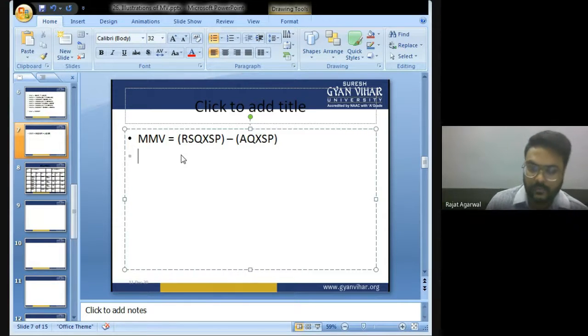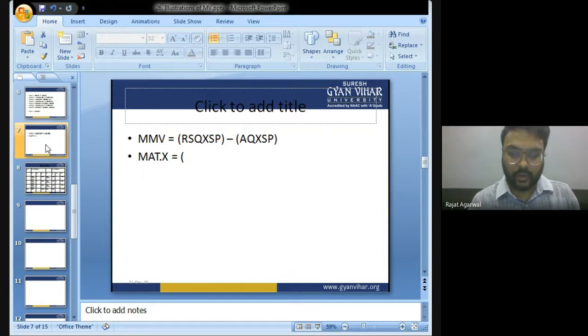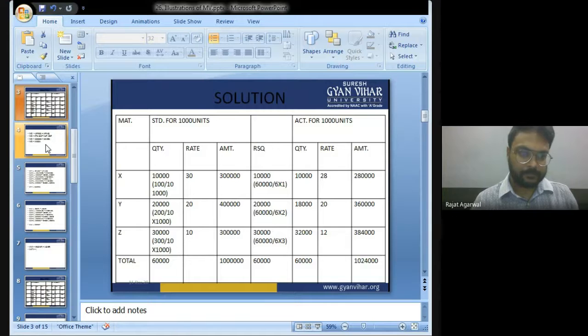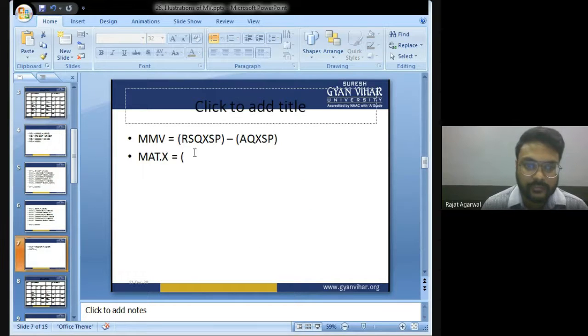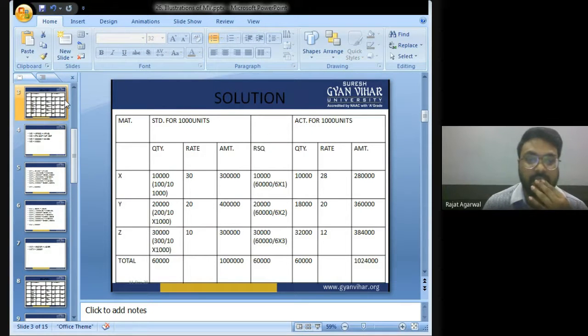Chaliye, material X. Revised standard quantity of X is 10,000, standard price of X is 30.